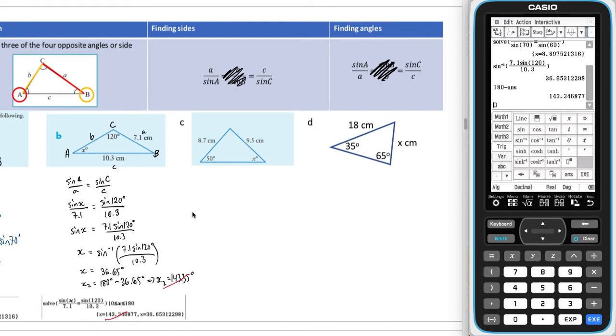Now, I want you to pause the video and have a go at C and D applying the sine rule, and when you think you've got your answer, press play to confirm that you got it correct. Okay, so your turn to start now. So we're going to breeze through these.